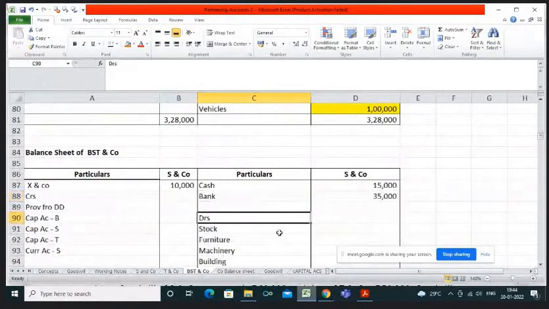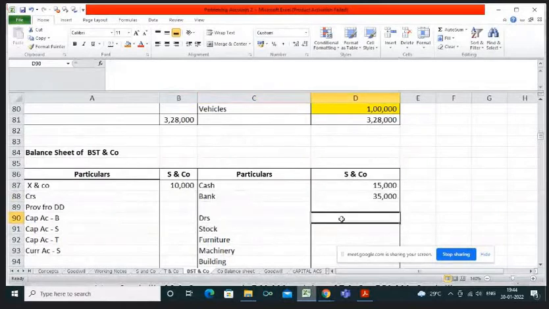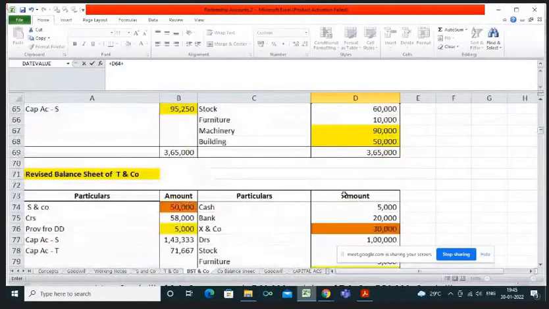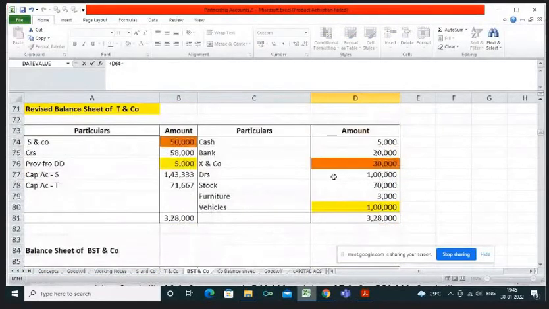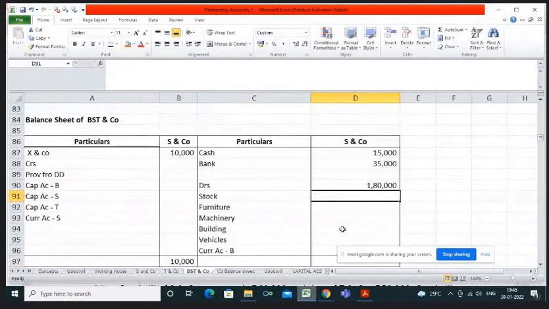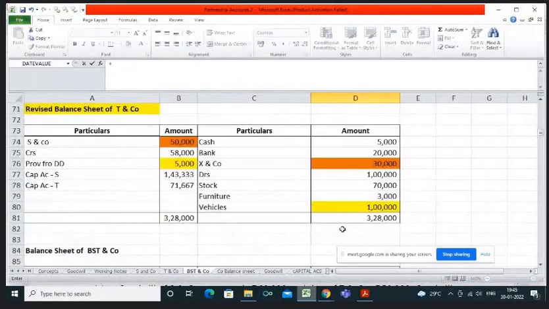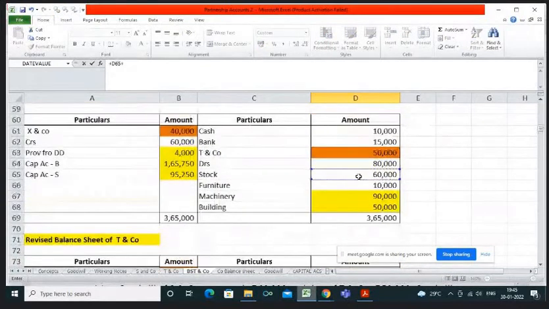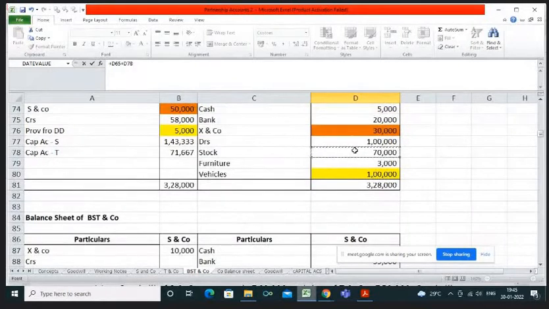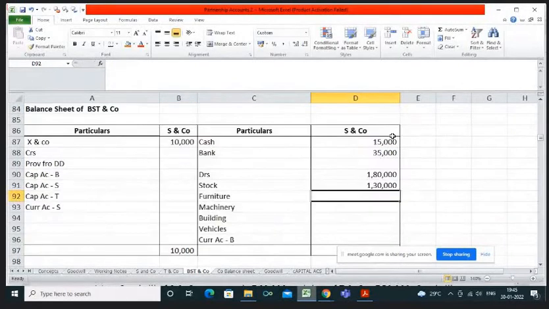Then we'll start with the debtors. In the case of S and Co, I have a debtors balance of 80,000, and in T and Co, I have a debtors balance of 1 lakh. It will be 1,80,000. Then in the case of stock, in S and Co, I have 60,000, and in T and Co, I have 70,000. It will be 1,30,000. Then furniture.